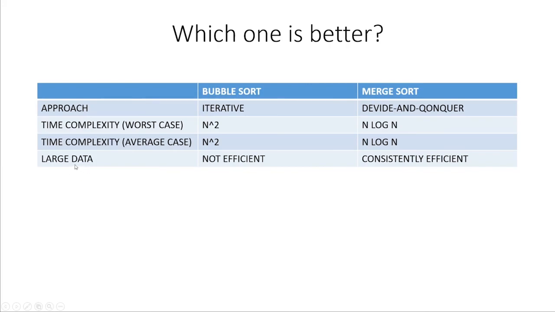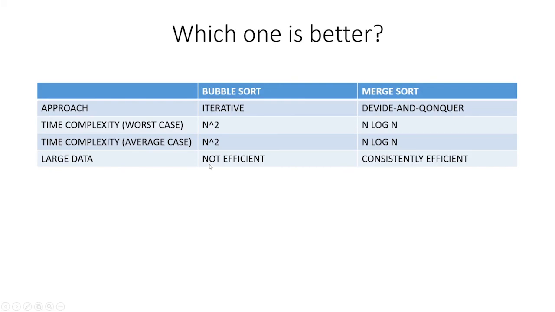For a large data set, bubble sort is not efficient, while merge sort is consistently efficient. Now, let's say that we have 1000 inputs. For merge sort, we only need about 3000 units of time or memory. You can get it by typing in your calculator 1000 log 1000, which is equal to about 3000.